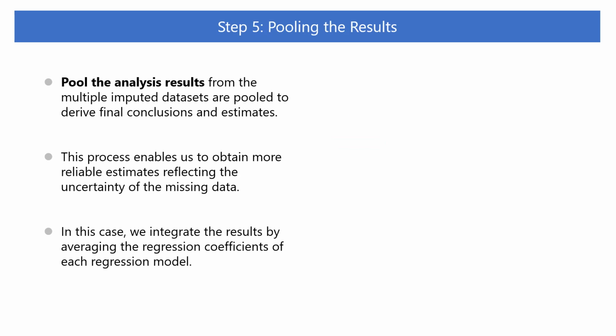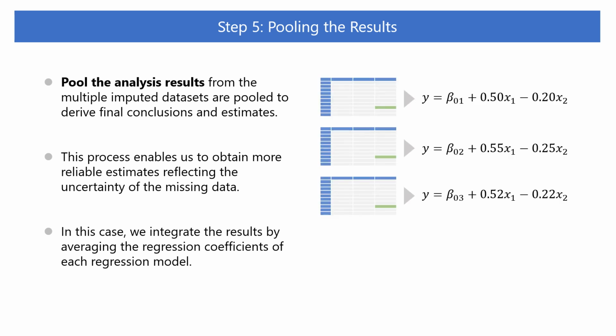In this step, the analysis results from the multiple imputed datasets are pooled to derive final conclusions and estimates. This process enables us to obtain more reliable estimates reflecting the uncertainty of the missing data. Let's take a look at the specific process.